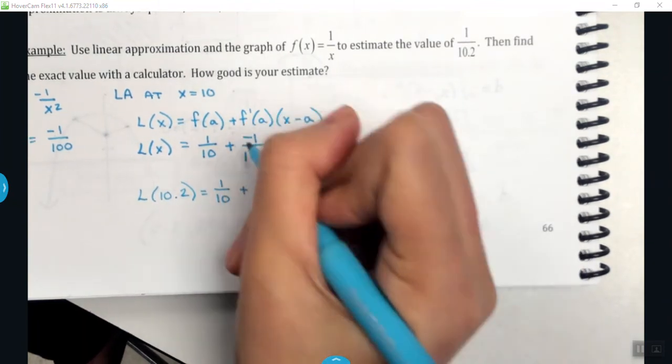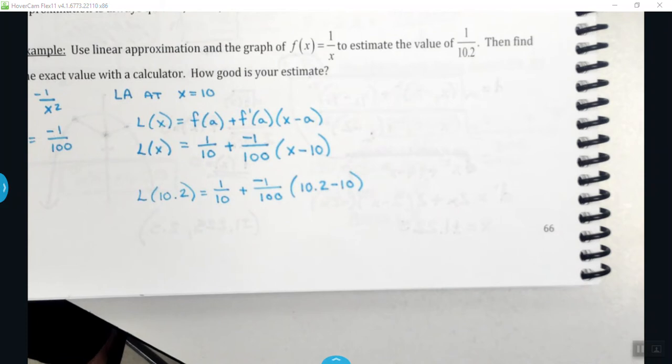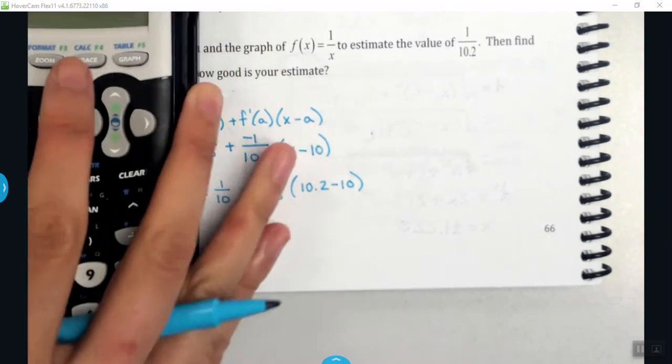Oh yeah, sorry, I forgot that negative. Yeah, of course. Thanks. Okay, what is it? Small.